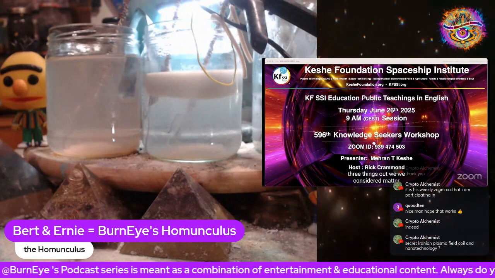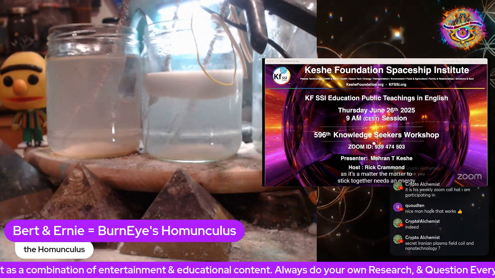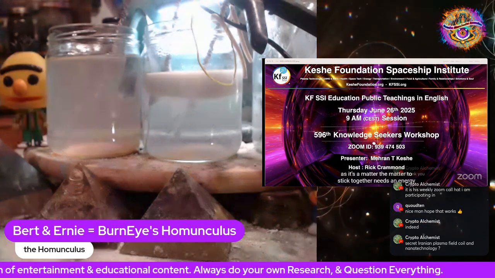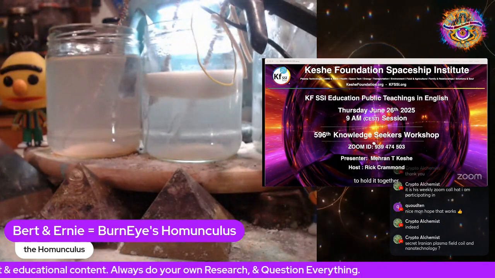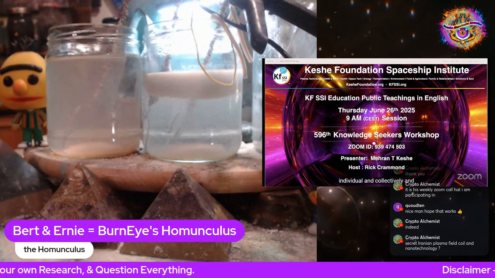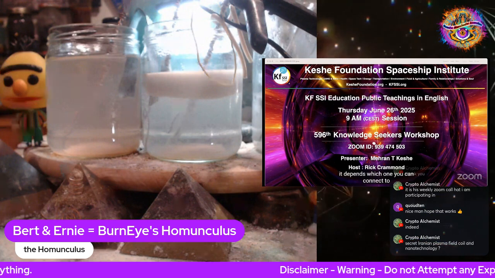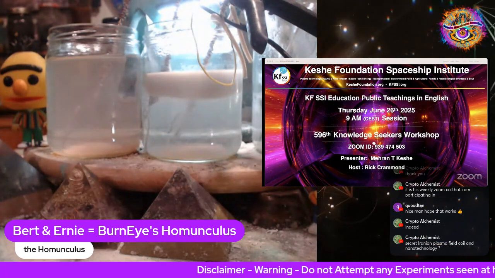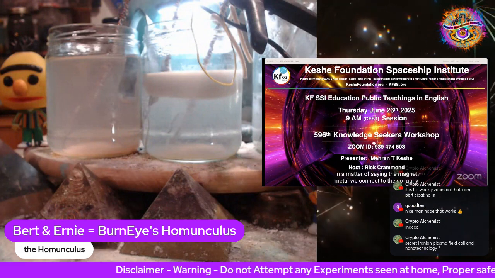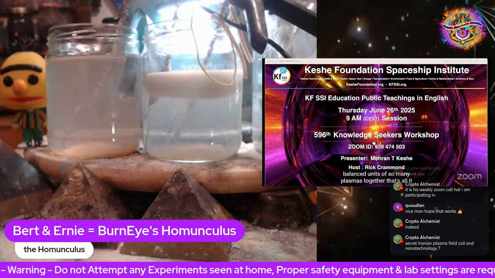We consider the matter as a matter, but for the matter to stick together, it needs an energy to hold it together, individually and collectively. And it depends which one you can connect to. In a matter state, in a magnet, metal, we connect to so many balance fields of so many plasmas together.